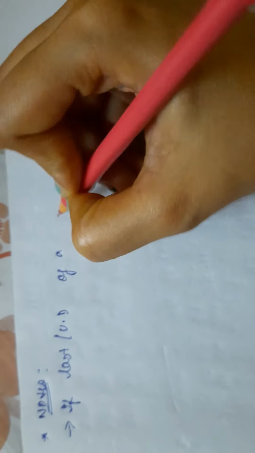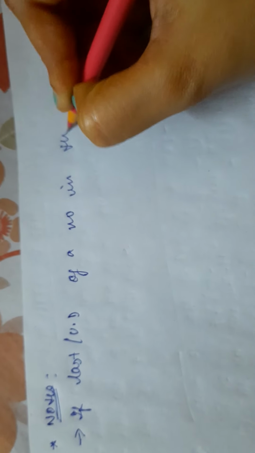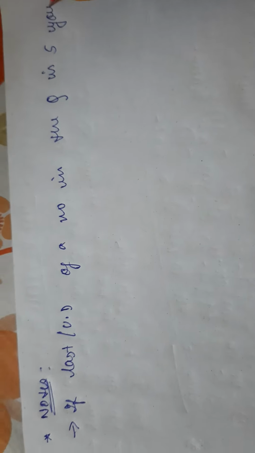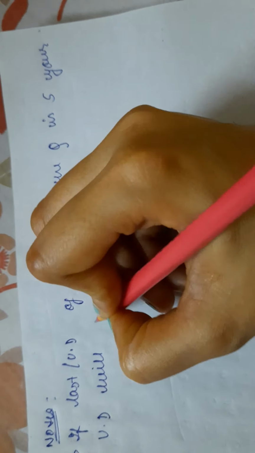If the last digit or unit digit of a number in the question is 5, your unit digit will also be 5.